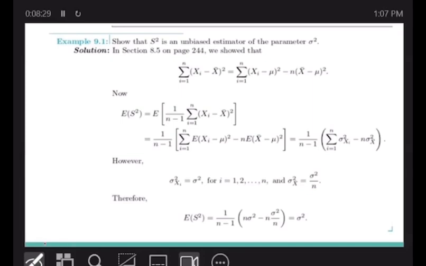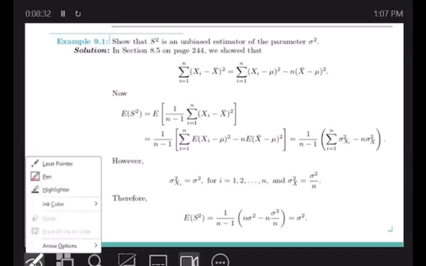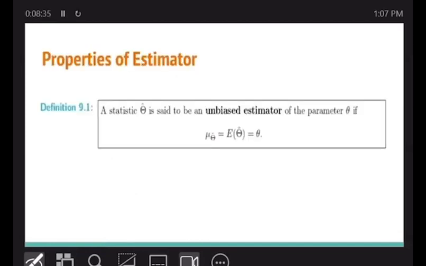But before I come into this, give me a second. If this is the mean that I got from the sample, and this is what I'm looking for, the population mean, the true value of the parameter, and this is the one I settle with, then I want to show the world that when I find the expectation of this, it's going to give me this. How? Let us see the proof.